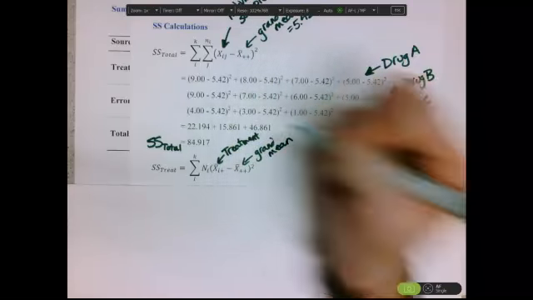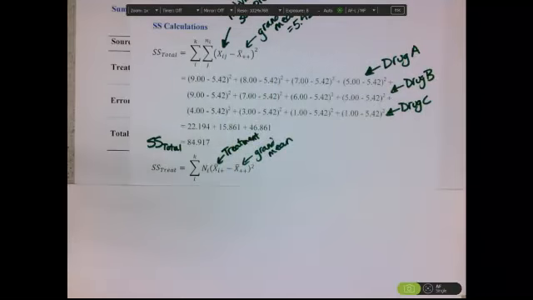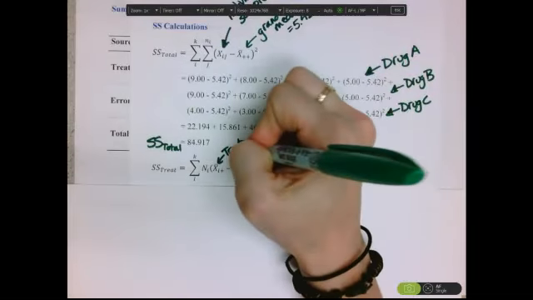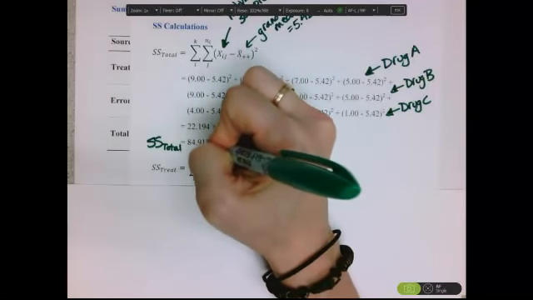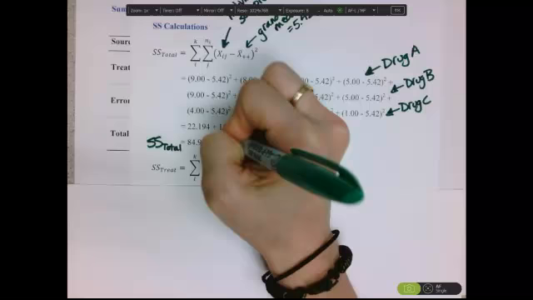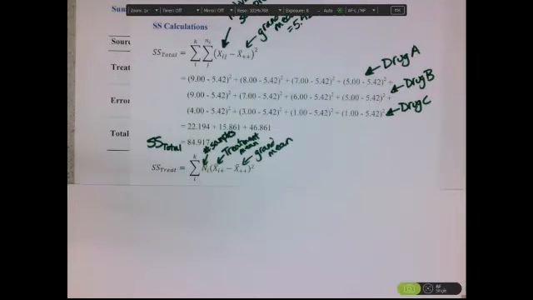And all samples within a treatment have the same treatment mean. So this is the number of samples in a treatment, right? Because all samples within a treatment will have the same treatment mean. And we're summing across all treatments. That's what this summation means.